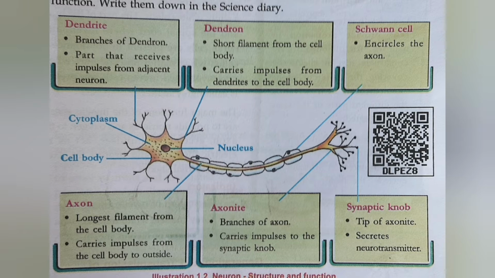The longest filament, the axon, is covered by particular cells called Schwann cells. The Schwann cells repeatedly encircle the axon and form a covering called the myelin sheath. So it has many functions.